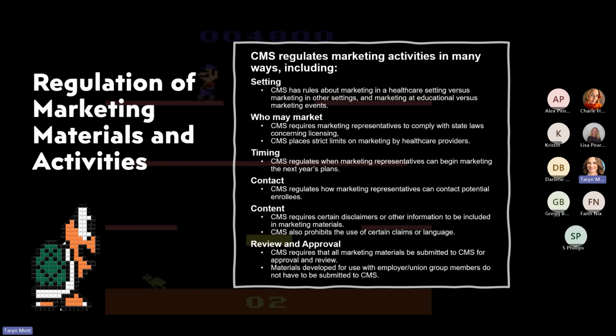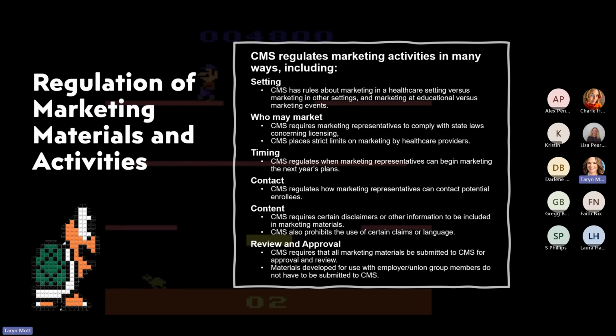The content: CMS requires certain disclaimers or other information to be included in marketing materials. That's why when we vet our communications, any of our marketing materials, anything that we do, we get it approved through CMS. And the bottom cannot be cut off. There is a SMID code, and there's also disclaimers at the bottom that are necessary to be on there, because if they relate that marketing material back to us, we all get in trouble, including you, the agent.